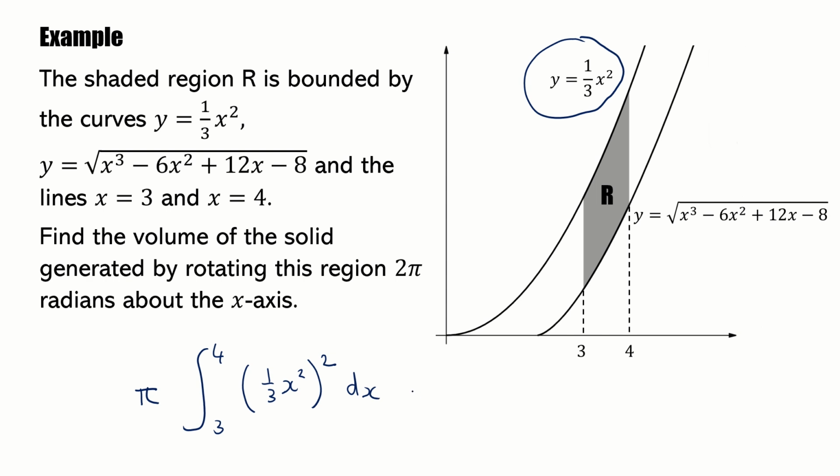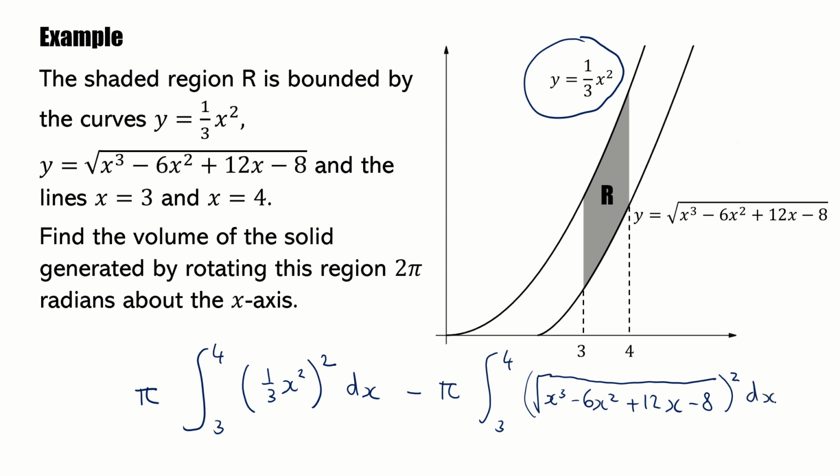And then we've just got to later on take away pi lots of the integral from 3 to 4 of the square root of x cubed minus 6x squared plus 12x minus 8. Again, all squared because it's volumes of revolution. And again, we're going to be integrating that with respect to x. And if we work that out, we'll find the volume that we want.